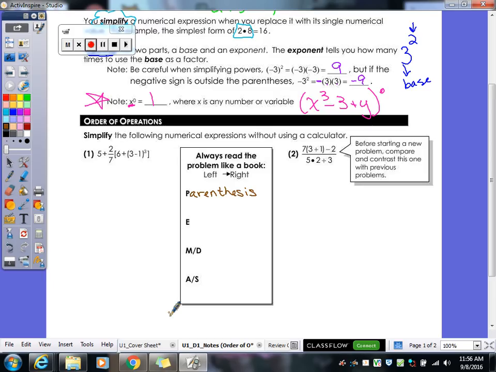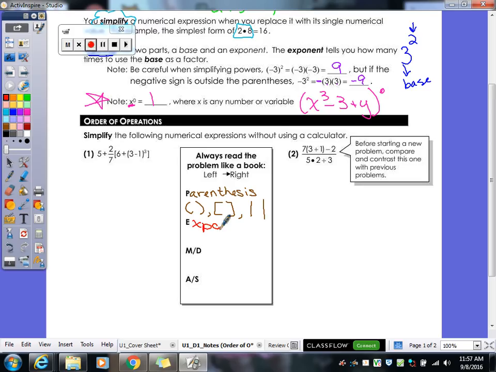You have actual parentheses like you guys are used to seeing. They're around points on a graph. They're around other things that we're going to talk about. Then they also have brackets, which count as parentheses. So they would happen in the parentheses step. And then the other thing that happens in the parentheses step are your absolute value. If you have absolute value bars, it's treated just like if it were a parenthesis.